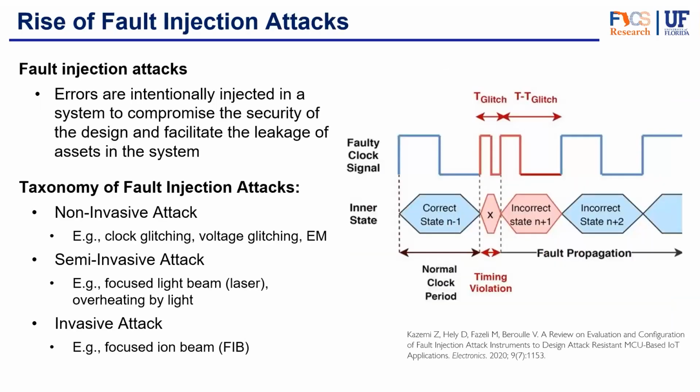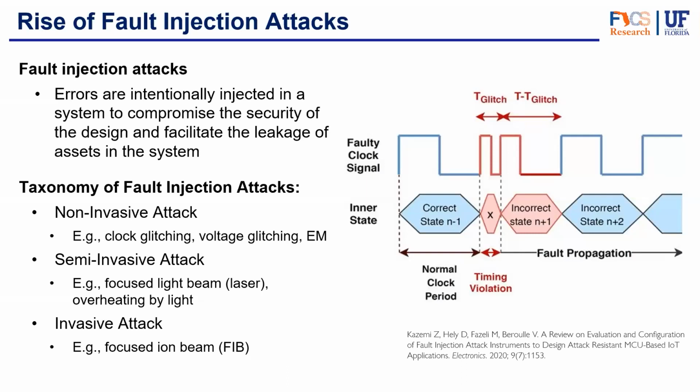But among all of these attacks, the fault injection attacks are the most important and critical ones, because there are various ways to inject faults in a design if physical access is available. There are several different tools and equipment that can be used, but not all of them are very expensive or out of access of the attackers.